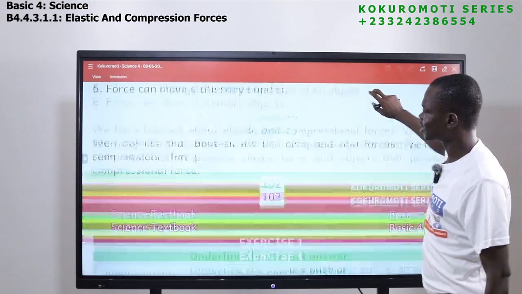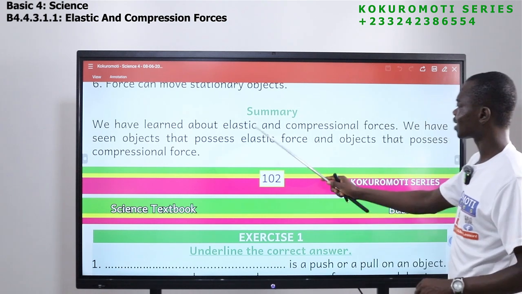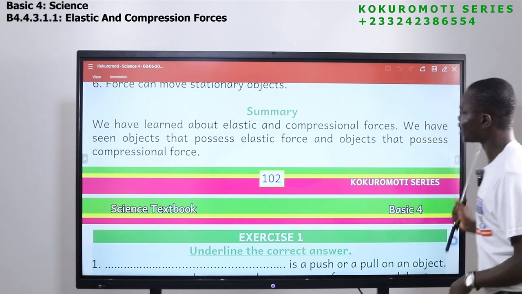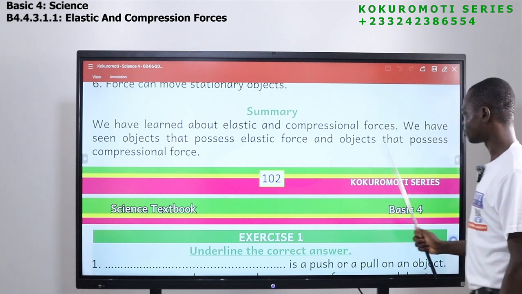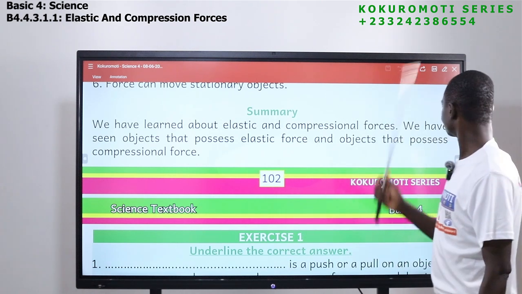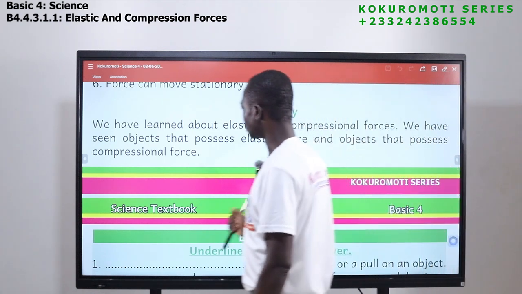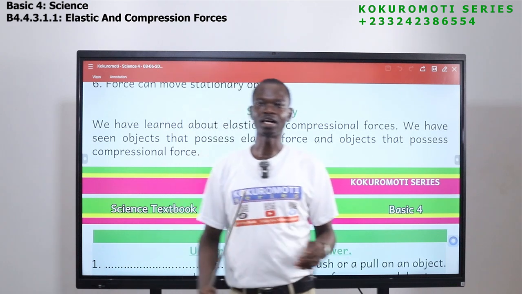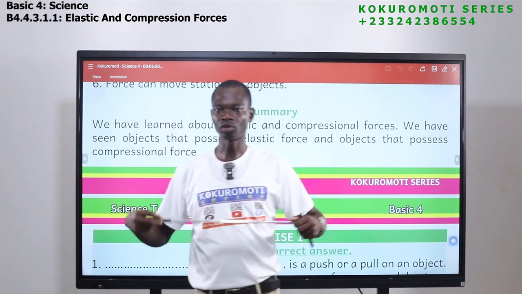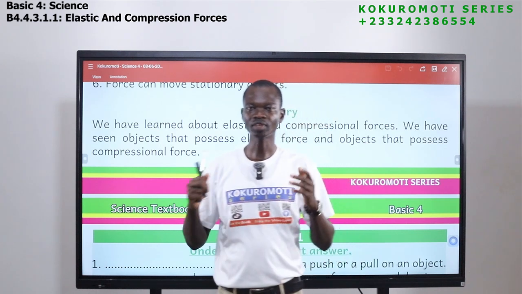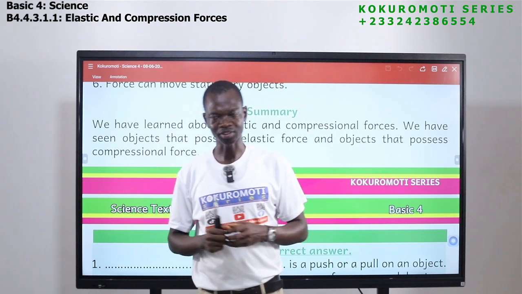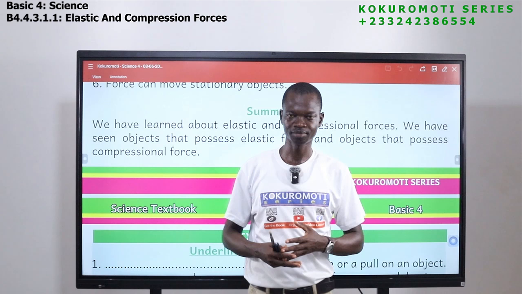Okay, now in summary, what have you learned? We have learned about elastic and compressional force. We have seen objects that possess elastic force and objects that possess compressional force. So today's lesson, we are bringing it to a close. What we have learned is that elastic force and compressional force are in objects.